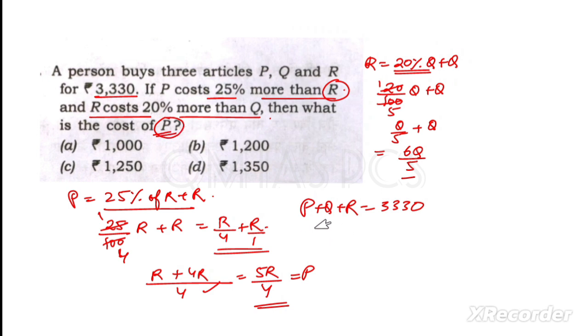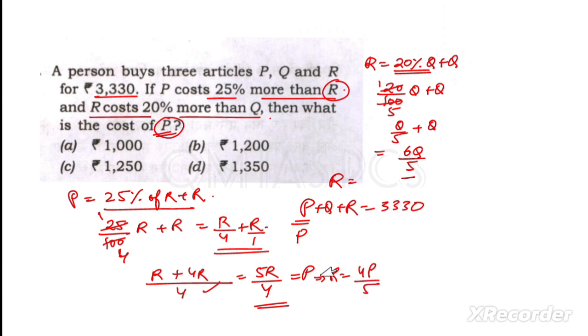Here we have to convert everything in terms of p. r is equal to 6q by 5, it is given, and r is also equal to 4p by 5.